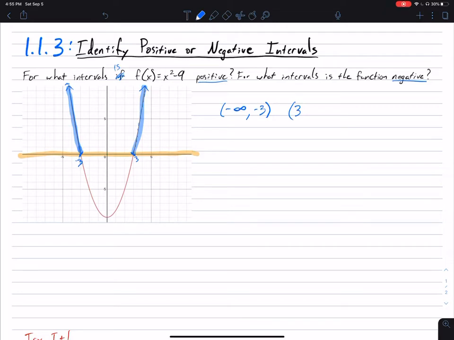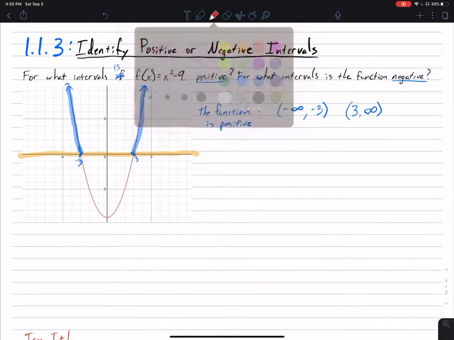This is going off to the right, so it's going to keep going to positive infinity. So from these two intervals, the function is positive from negative infinity to negative 3, and then again from 3 to positive infinity.